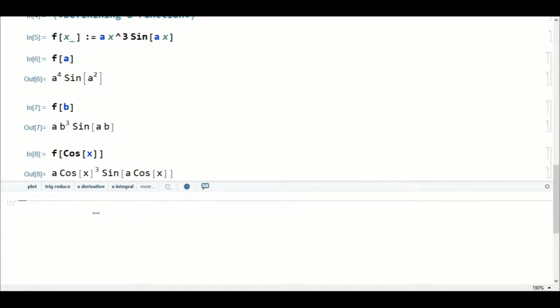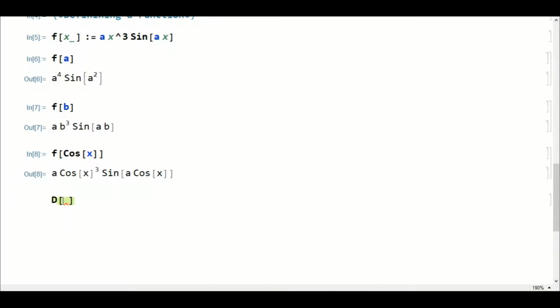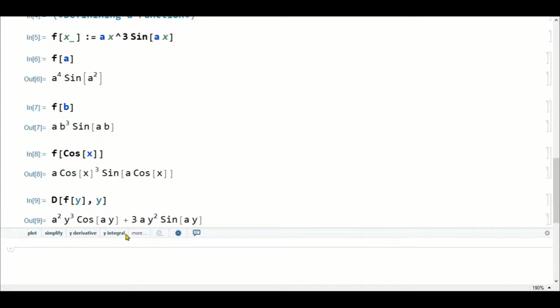Suppose I want to take the differentiation of this function. Let me take d of f of y. What it means is that the function, which is a y cube sine of a y, will be differentiated with respect to y, and this is the result which I have got.